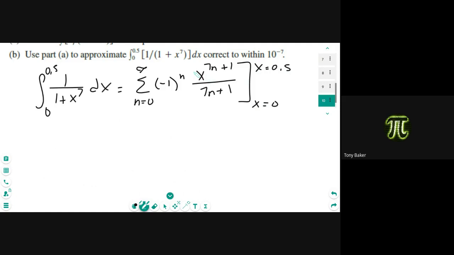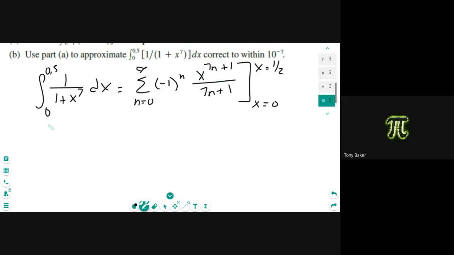If x is 0, this whole thing's gone, so I don't even have to worry about the 0. Actually, I'm going to change this to 1 over 2, because it's going to be nicer to deal with the fraction than the decimal.